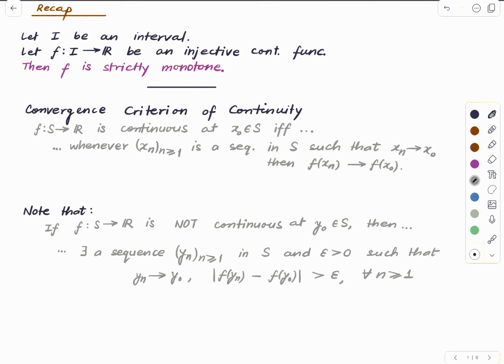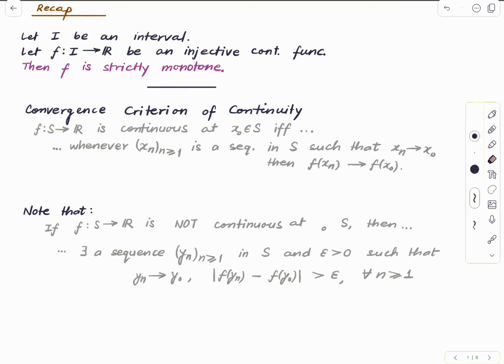So we know this, and if you take the contrapositive, you will not see this immediately, but let me read it out. This is very important. So fix a function f from a set S of real numbers to real numbers, and fix a point y naught in S. I'm changing notation. Previously I had used x naught, but there is a reason why I'm using a different symbol.